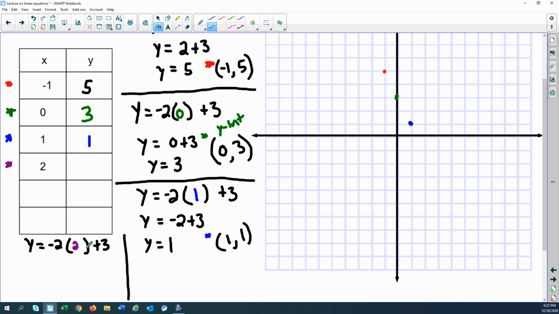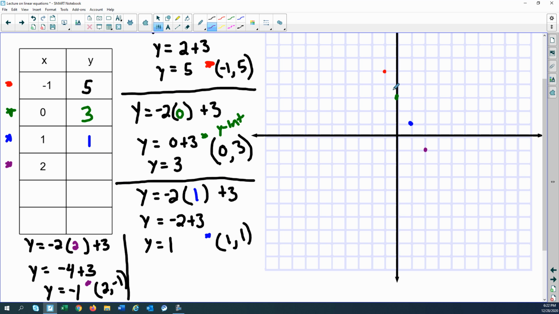Plug in 2. And we have y equals negative 4 plus 3. Y equals negative 1. So we have the point 2 comma negative 1. And 2, negative 1.